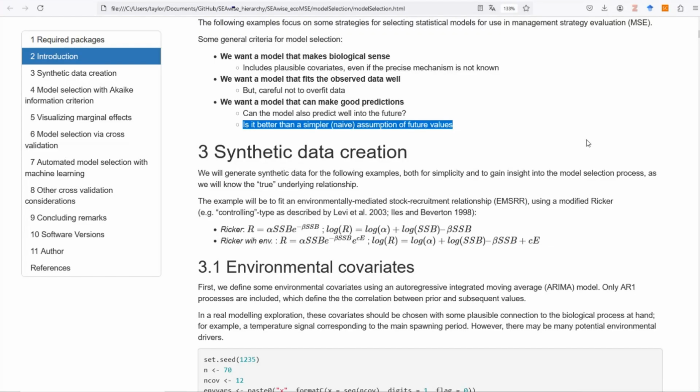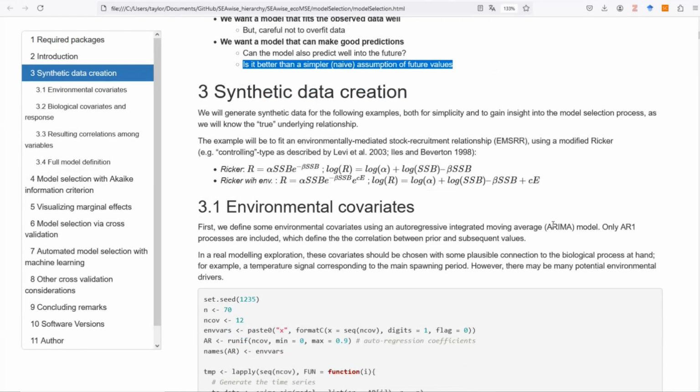Okay, so moving on, the first section here is just describing how I'm creating the data. What I'm going to be doing is a stock recruitment relationship. Here we have a few different models, well, one variant of a Ricker model that was described in these papers.